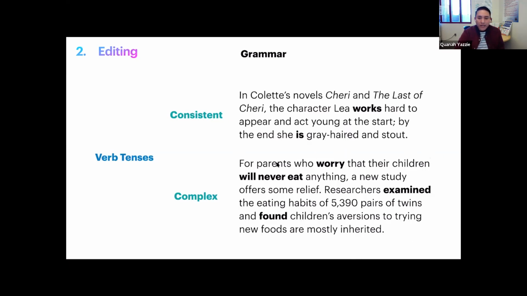When we're writing up to this point, up to "researchers," from this point we're introducing a new shift of the story, a new shift into the past. So that's why we change all of our verb tenses to past tense. Here we're introducing research that we're sourcing. So, researchers examined the eating habits of so forth and found children's aversions.